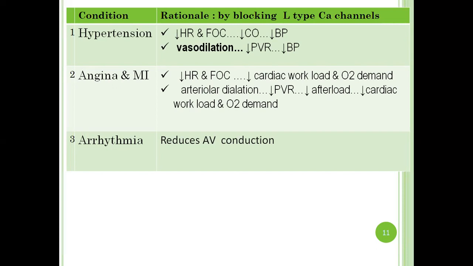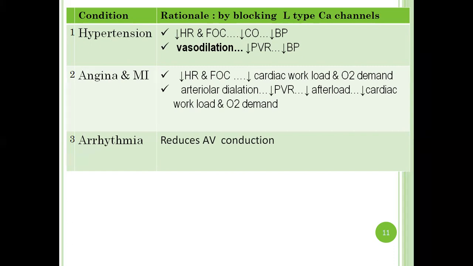Another use of calcium channel blockers is angina and MI. Angina and MI are characterized by cardiac damage due to reduced blood supply. Calcium blockers help to reduce heart rate and force of contraction, thereby reducing the cardiac workload and oxygen demand, and improving function.